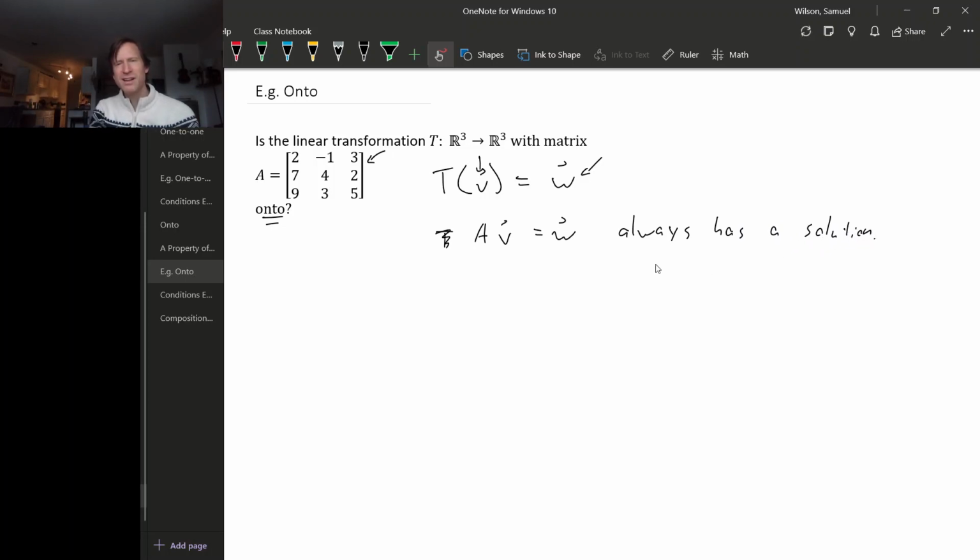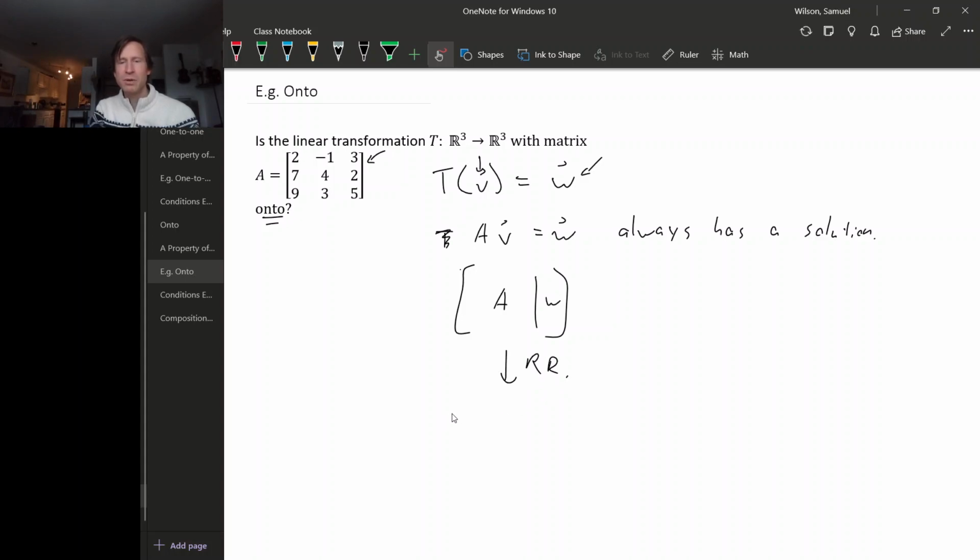Okay, but when does this sort of equation always have a solution, right? Imagine solving this. How do you solve this sort of equation? You row reduce it, right? You row reduce A and see what the reduced row echelon form looks like. I guess what we would need to do is augment A with W, and then row reduce.